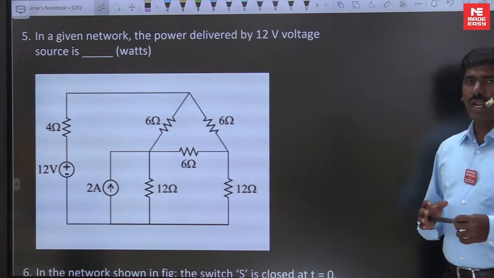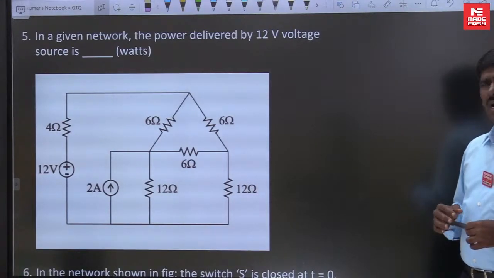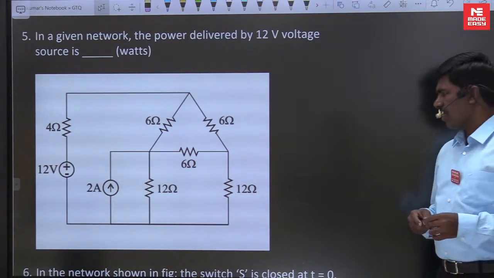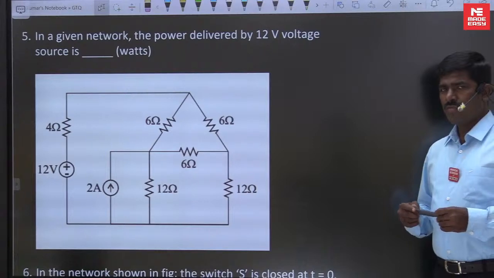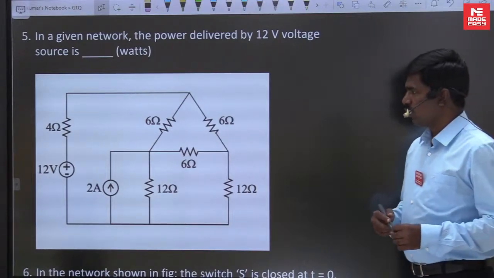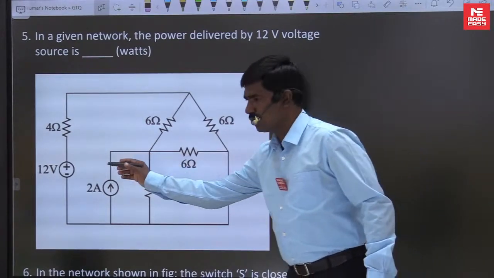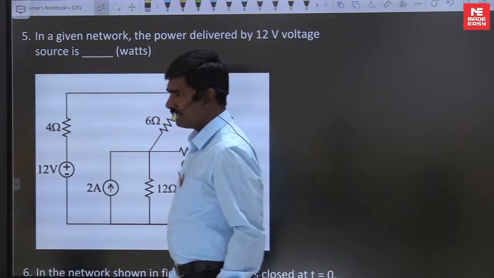You have to go for nodal or mesh analysis or any theorems also. Find out the current through the 12 volt source. P is equal to V into I. Anyone?